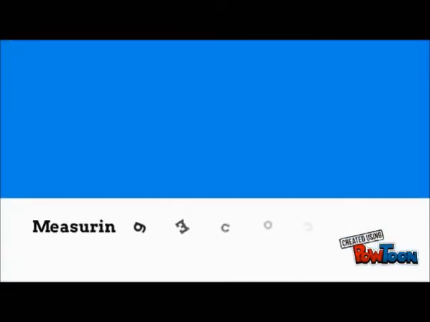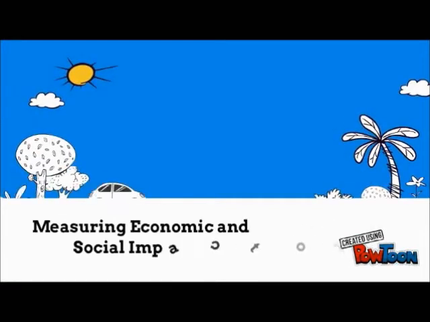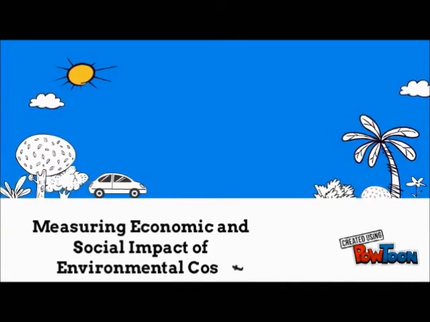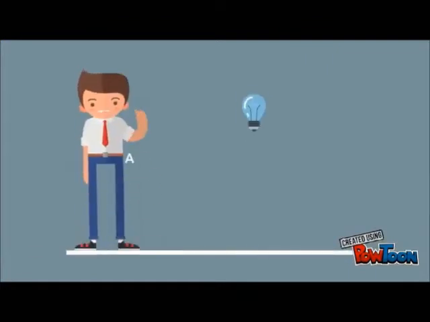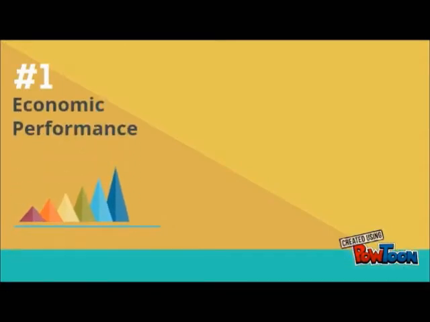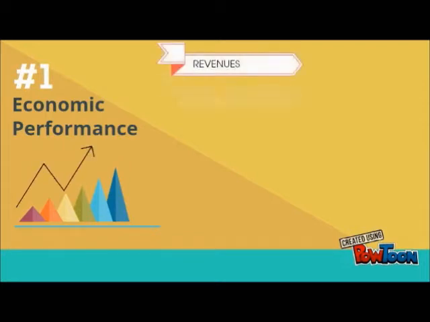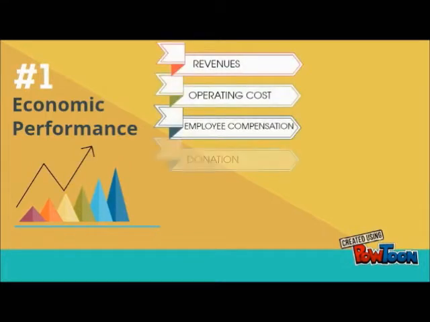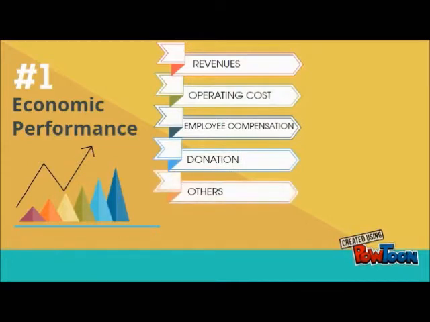Now let's move to the next part, which is measuring the economic and social impact of environmental costs. Firstly, we need to know there are a few examples of aspects and performance indicators under the GRI framework. First is the economic performance, which is indicated by direct economic value generated and distributed, including revenues, operating costs, employee compensation, donations and other community investment, retained earnings, and payments to capital providers and governments.